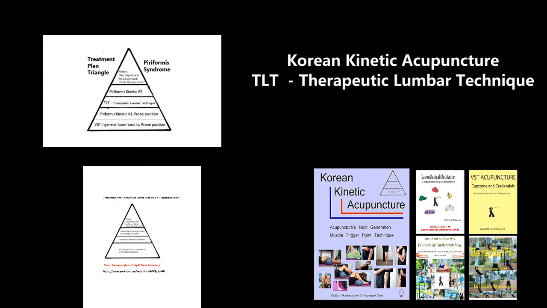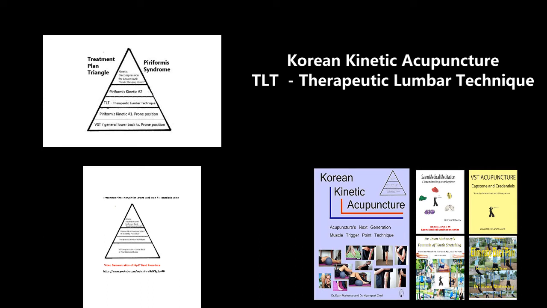Next, we are going to do the TLT, therapeutic lumbar technique, with an acupuncture and back stretch. We're going to talk about Korean kinetic acupuncture's therapeutic lumbar technique. So we've mentioned this TLT procedure a few times already, with both the IT band hip joint stretch as well as the piriformis stretch.